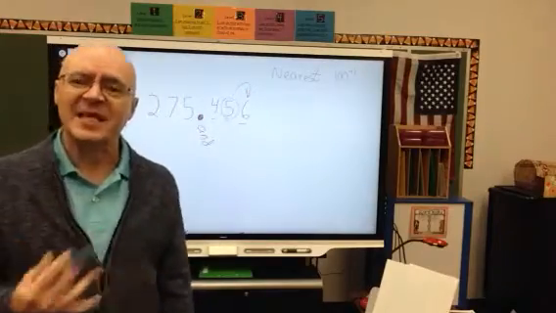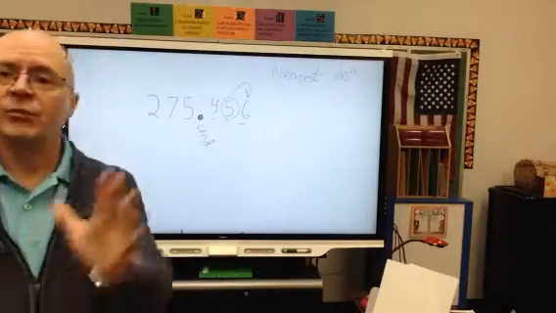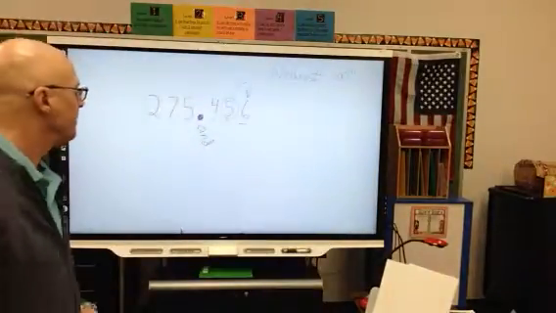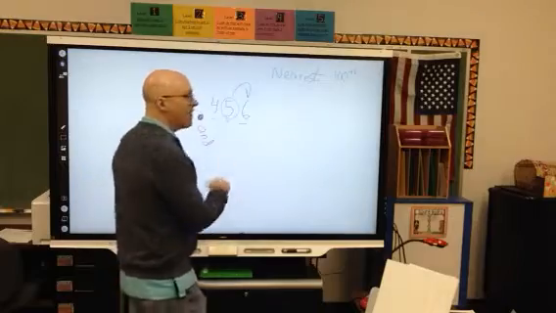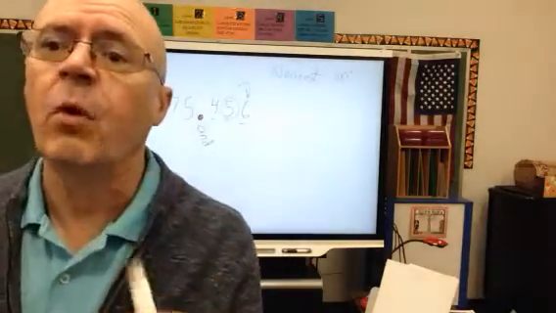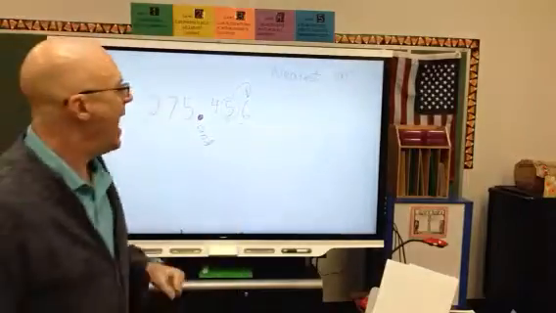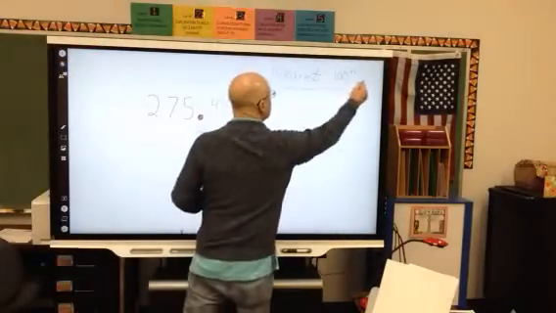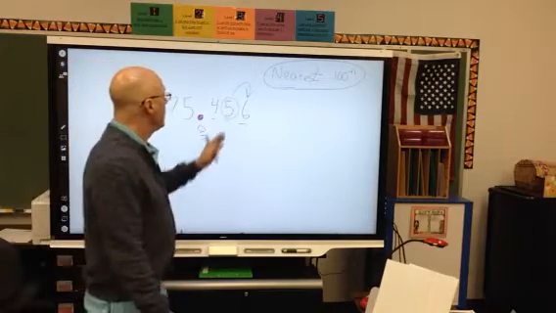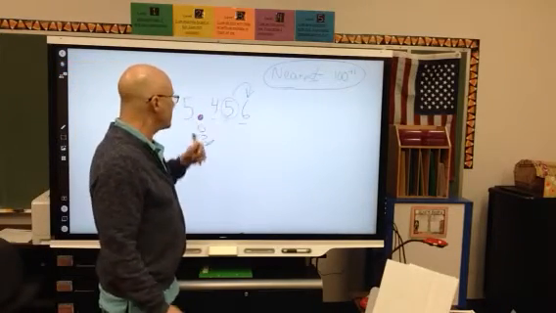We have to ask that next door number, are you 5 or more, or 4 or less? 6 is 5 or more, isn't it? 5 or more, add 1 more. Add 1 more to what? Add 1 more to the place value that you're rounding. So we're going to add 1 more to this number.